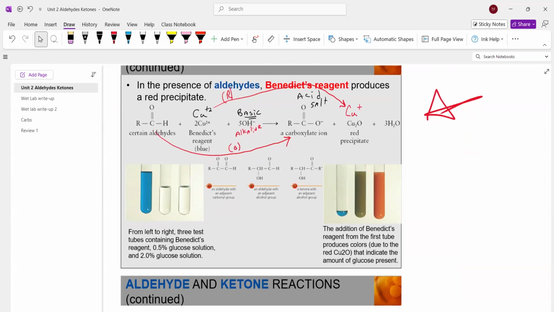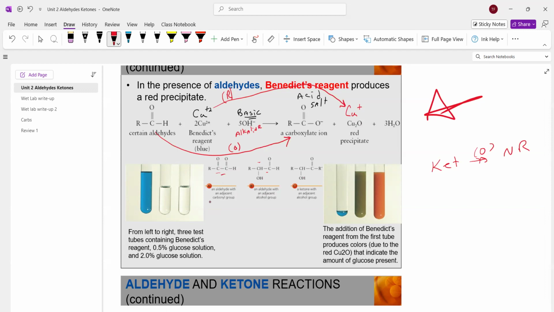In the case of Benedict's solution, there's one exception. Remember I said ketones give no reaction, except with these three cases. If you've got two carbonyls side by side here, or a carbonyl and an alcohol side by side, you'll get a positive reaction with Benedict's.